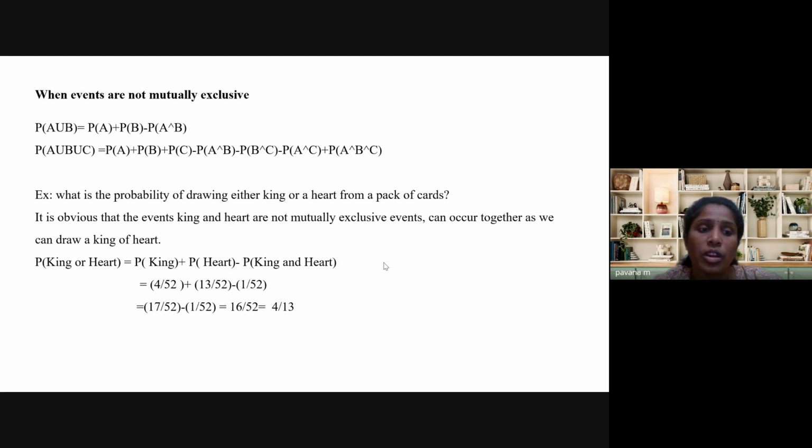P of A union B is equal to P of A plus P of B minus P of A intersection B. When the events are not mutually exclusive, only then you have to use this formula in the addition theorem.